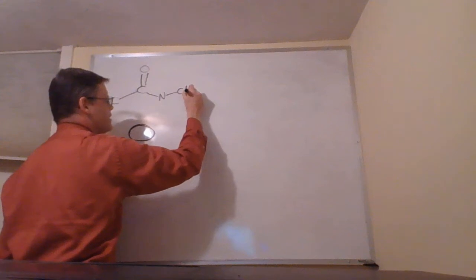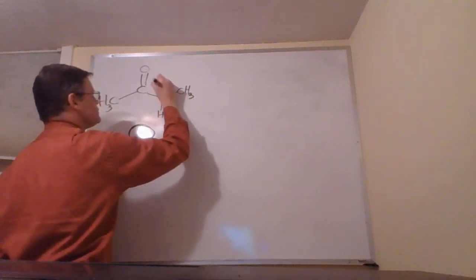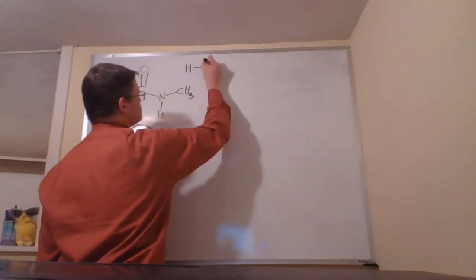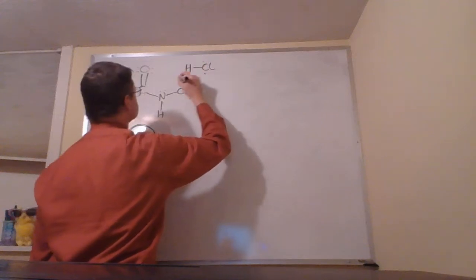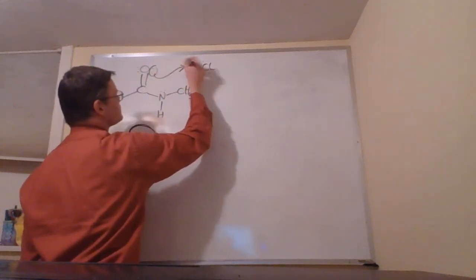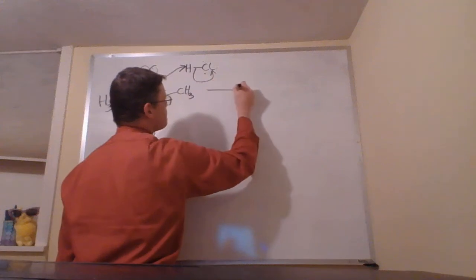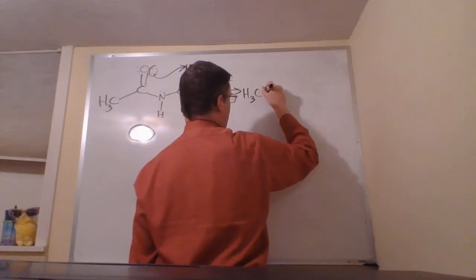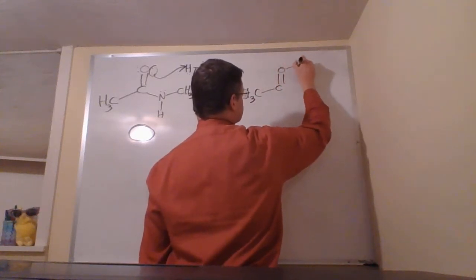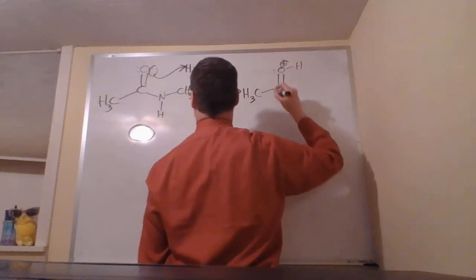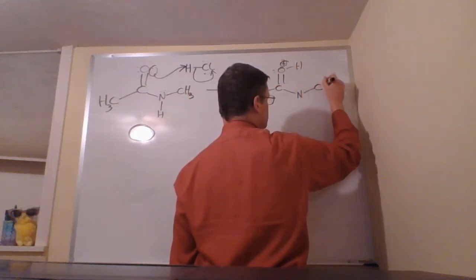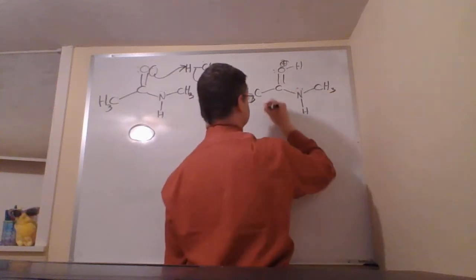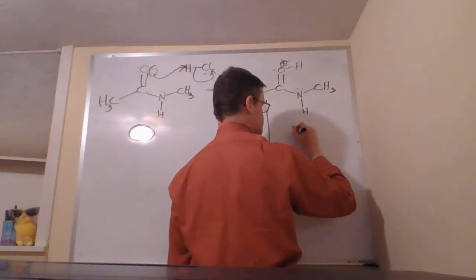Because we're using acidic conditions, we're going to start by making this a better electrophile, using our strong acid here, and we're going to do a proton transfer, PT. That makes a protonated carbonyl. Now it's a good electrophile, so weak nucleophiles like water can attack it. And that's what's going to happen next.